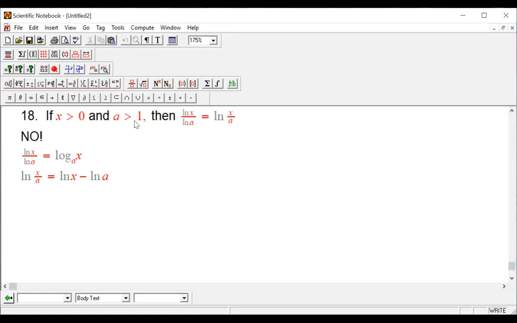For example, I can give you an example to help you understand, right? Suppose I'm going to choose x equals a.